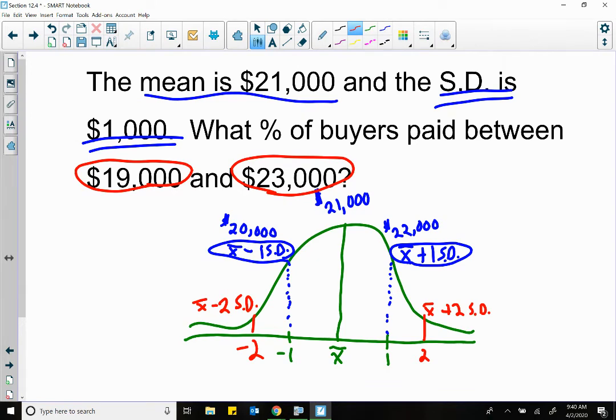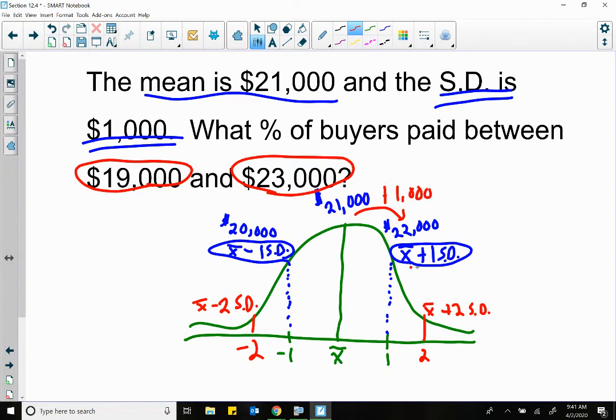So, if you think about this, all we had to do to get from here to here is 1,000. We're just going up another standard deviation. So if you didn't really want to take 21,000 plus 2 times 1,000, all you have to do to get from one standard deviation to the next is add 1,000. That's another way of looking at this.